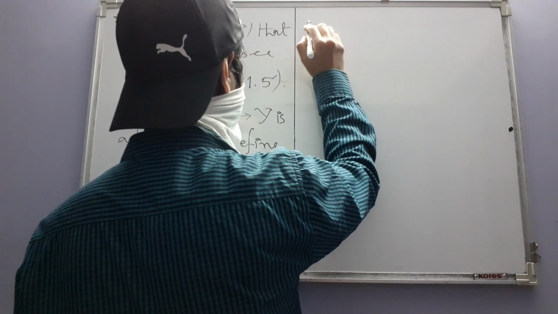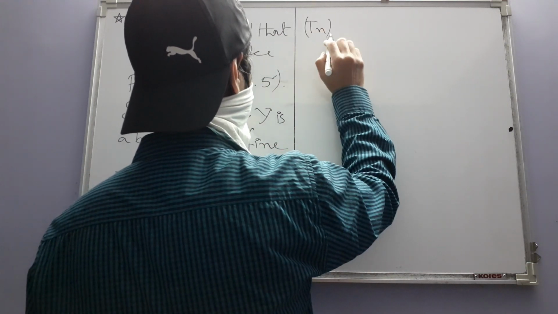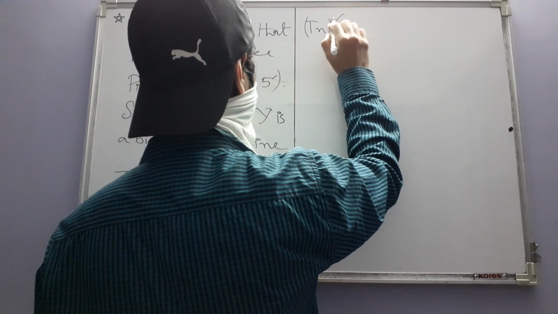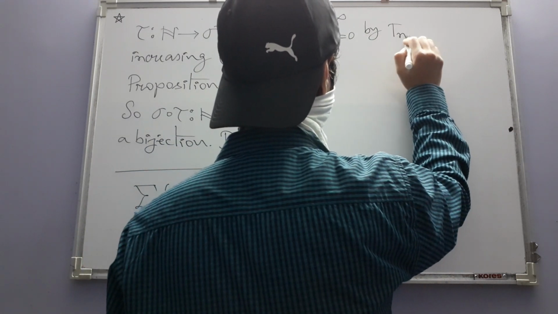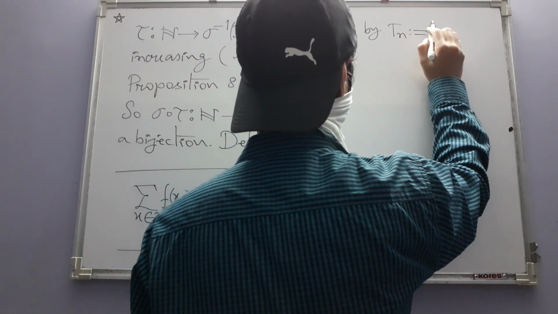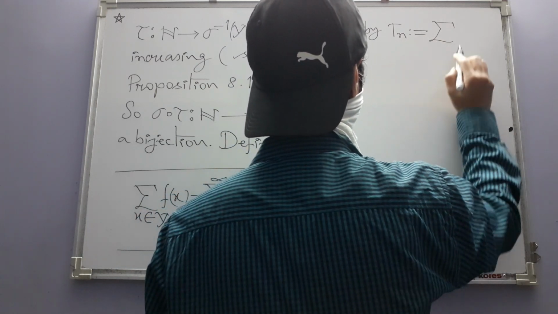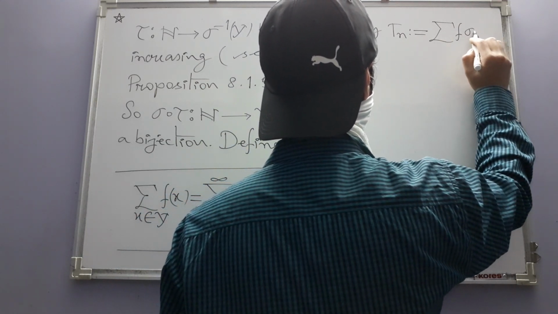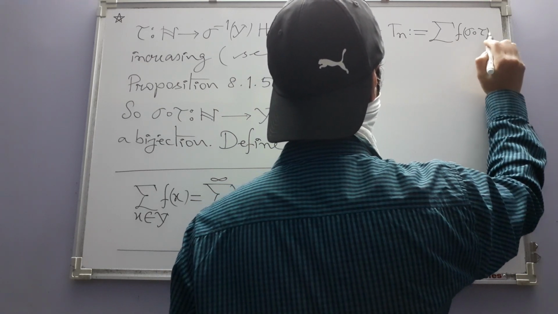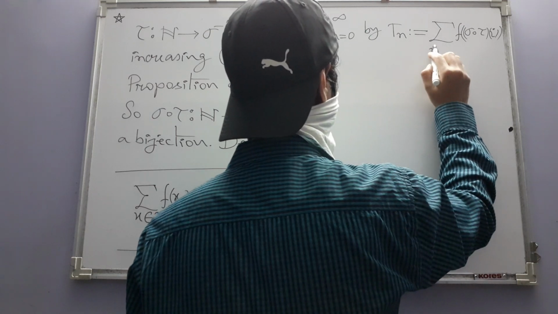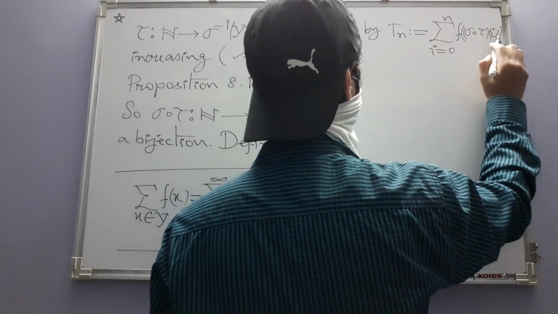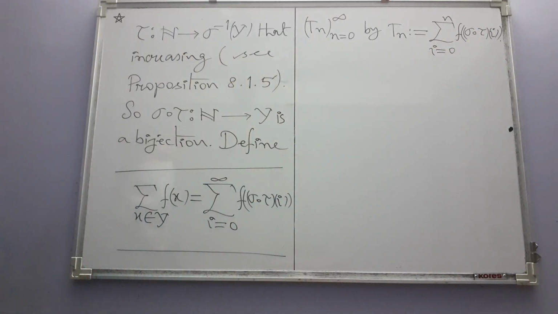Define Tn by f of sigma composition tau of I, where I varies from 0 to n.